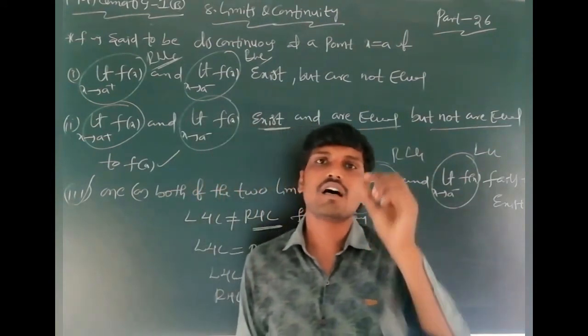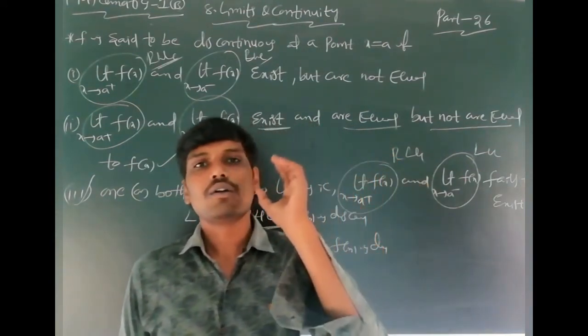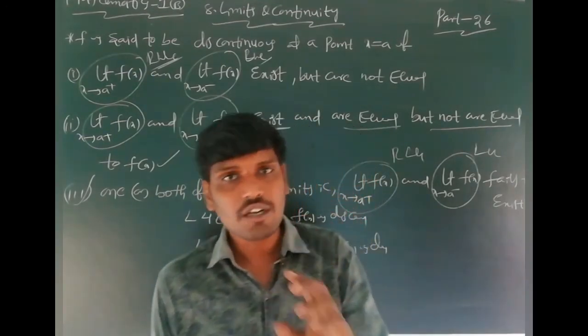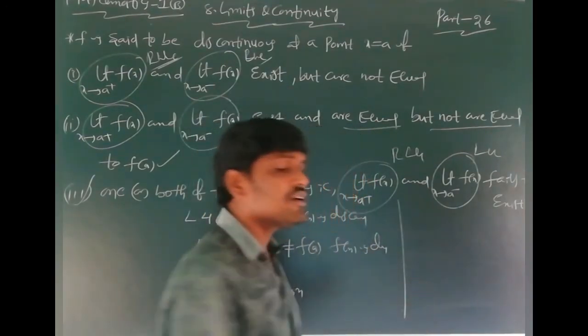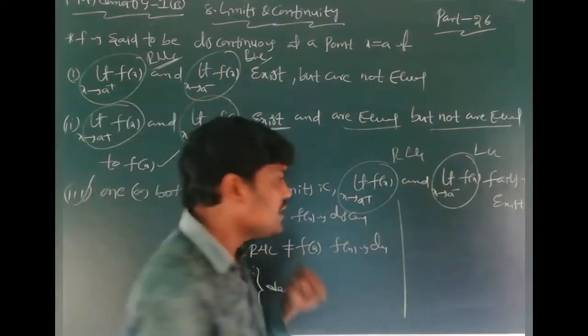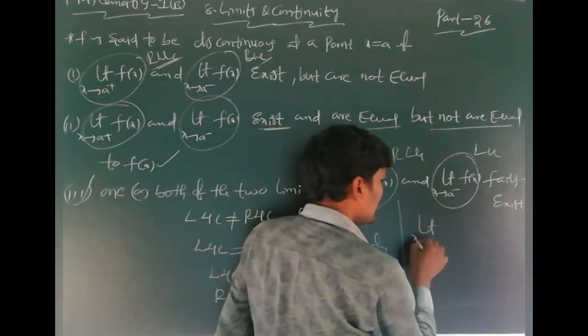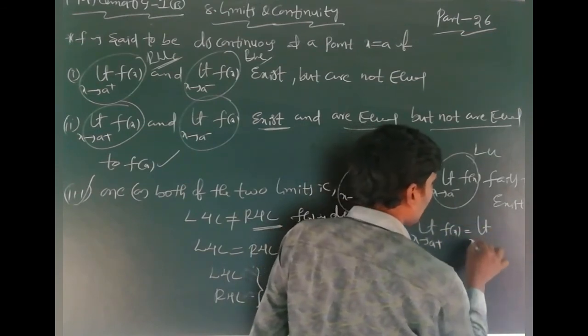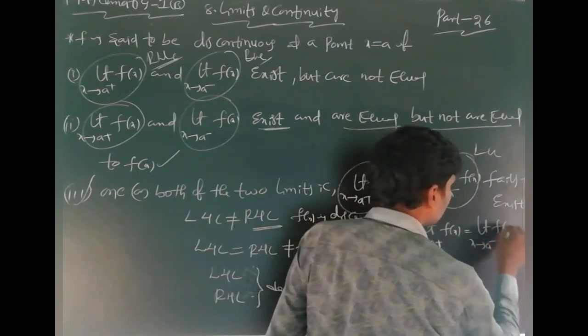These three cases are very useful to solve the continuous and discontinuous problems. After that, f of x is continuous under which condition? Here the condition is limit x tends to a plus f of x equals limit x tends to a minus f of x.